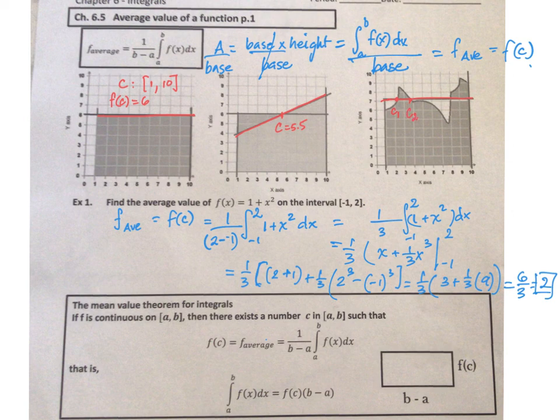There's another value where we can find f of c equal to 7, and C3 is at 8. So f of C1 equals f of C2 equals f of C3, and these are all three values where we can find f average, or the average height, which is 7.